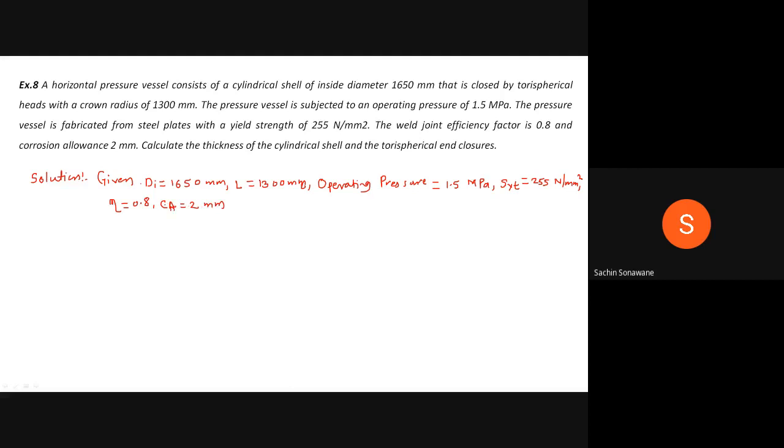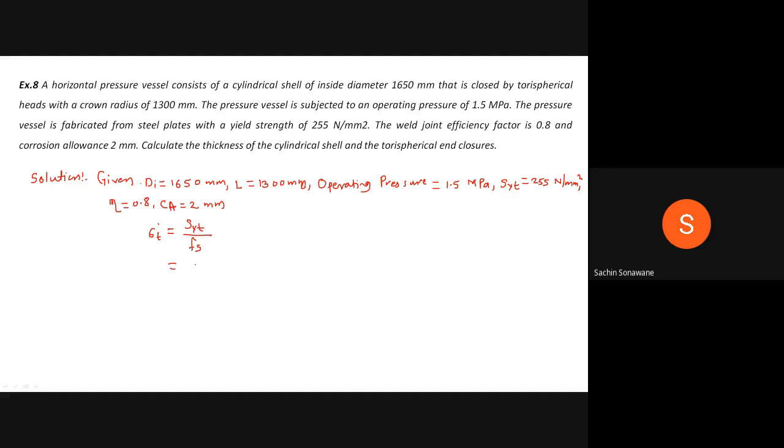First of all, we will calculate sigma T, that is allowable tensile stress. Sigma T is equal to SYT upon Fs. When SYT is given in the problem, we have to take Fs equal to 1.5, always remember. And when SUT is provided in the problem, we take a factor of safety equal to 2.